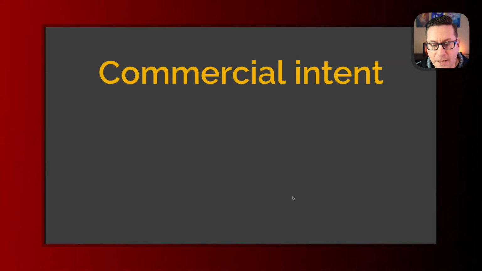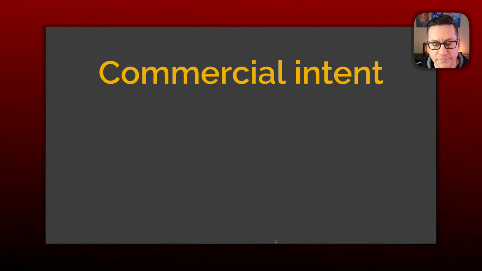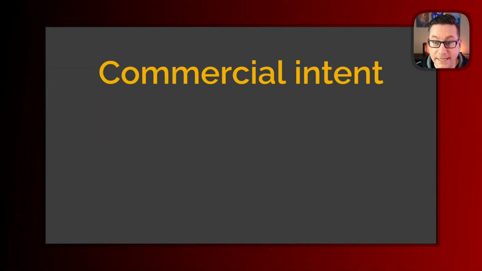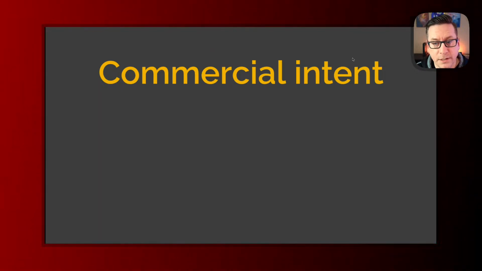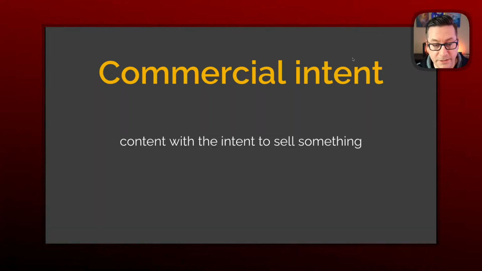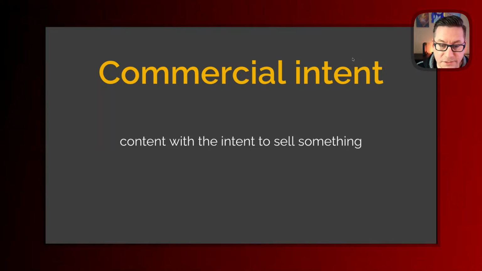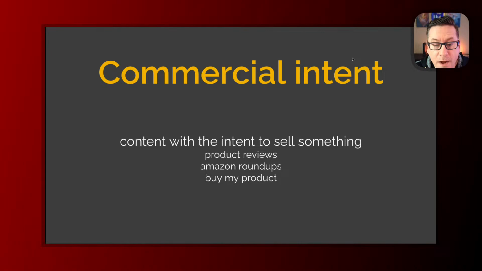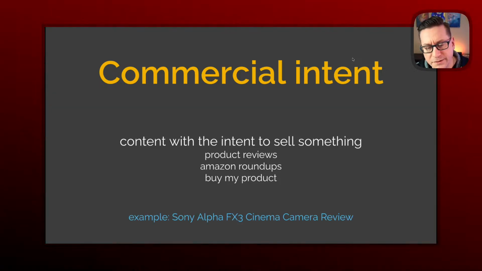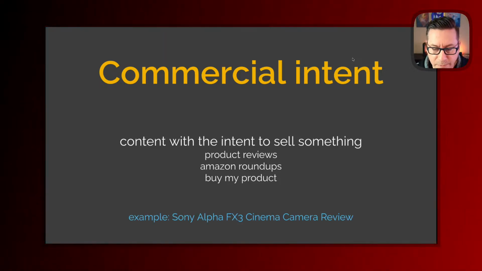The other thing we want to look at in terms of the different kinds of keywords are commercial intent type keywords, which means content with the intent to sell something: product reviews, Amazon roundups, buy my product, things like that. And then there's our example of the Sony Alpha Cinema Camera review.